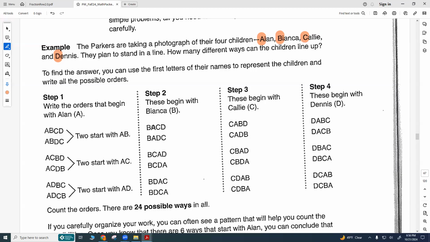And so we would equally have 6 combinations with Bianca in that first spot. Same for Callie and same for Dennis. So in all, there are 24 possible ways to arrange the 4 kids, okay?